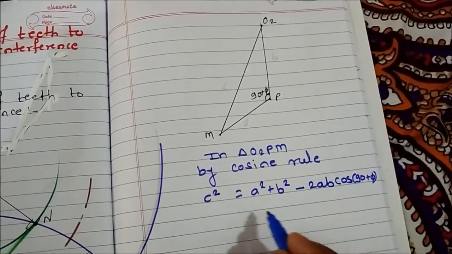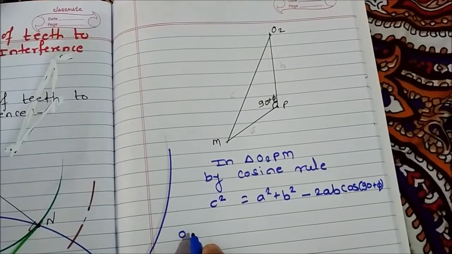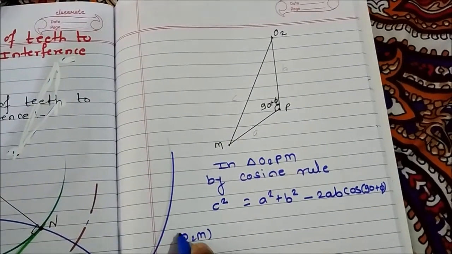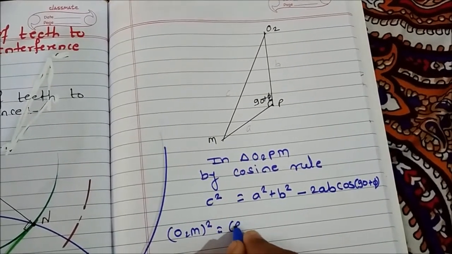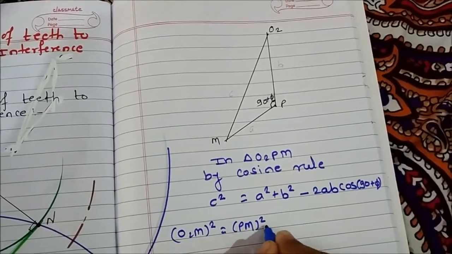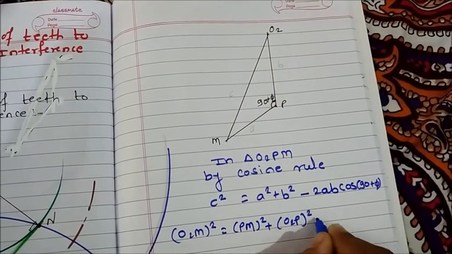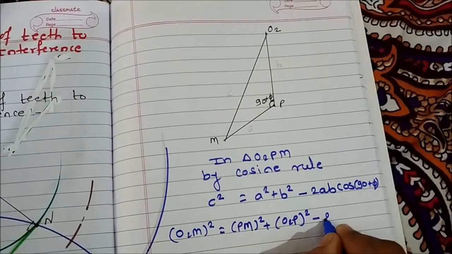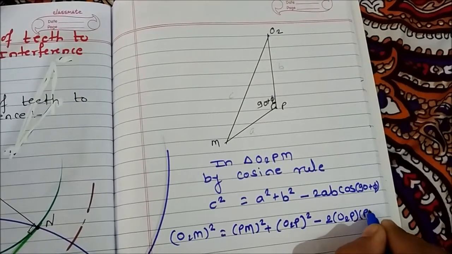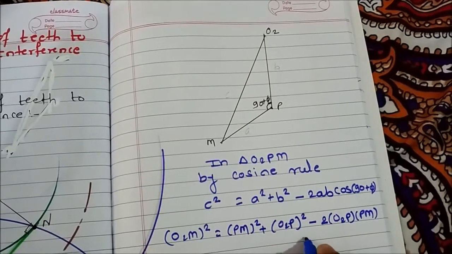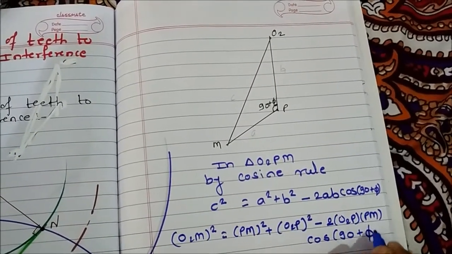So instead of that, we'll put the length O2M square equal to PM square plus O2P square minus 2 O2P PM cos of 90 plus phi.